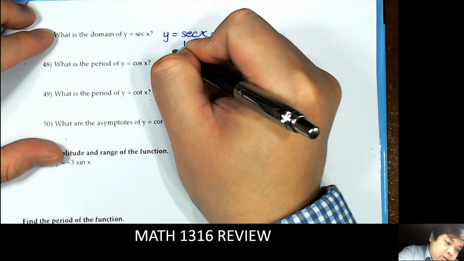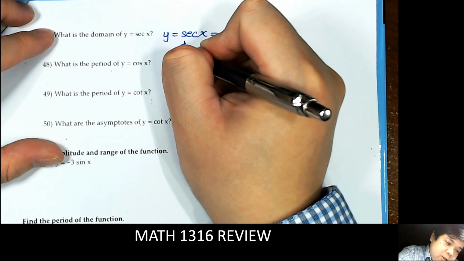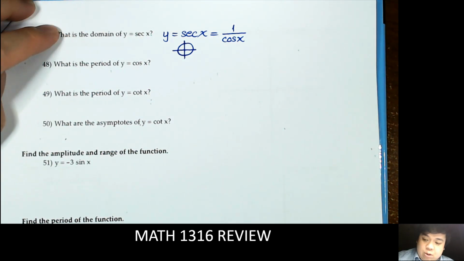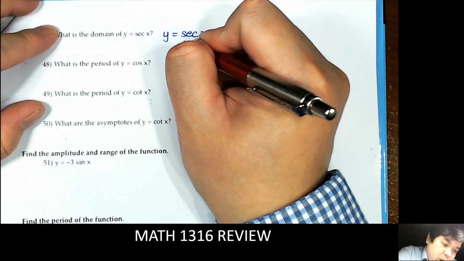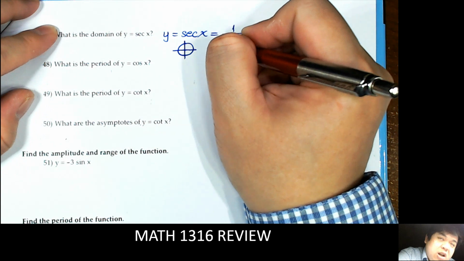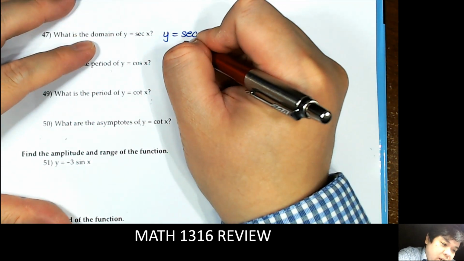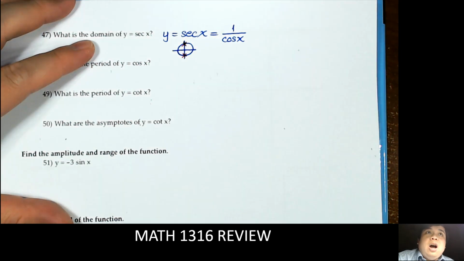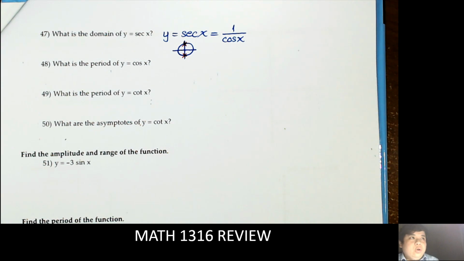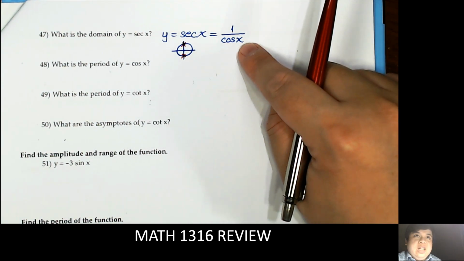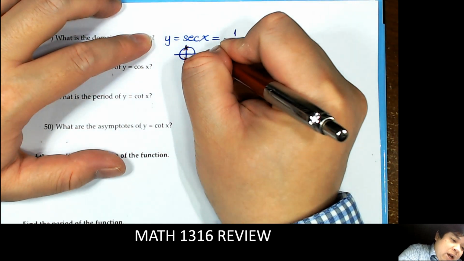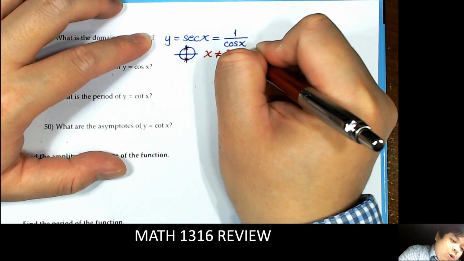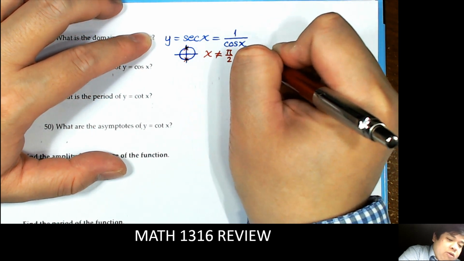Again, we have a unit circle. Cosine, remember, is the x value. So when the x value equals 0, cosine of something equals 0. We cannot have these values because at those points the x values are 0. X equals 0, cosine equals 0, and dividing by 0 is undefined. So x cannot equal this point here, or 3 pi over 2, 5 pi over 2, and so on.